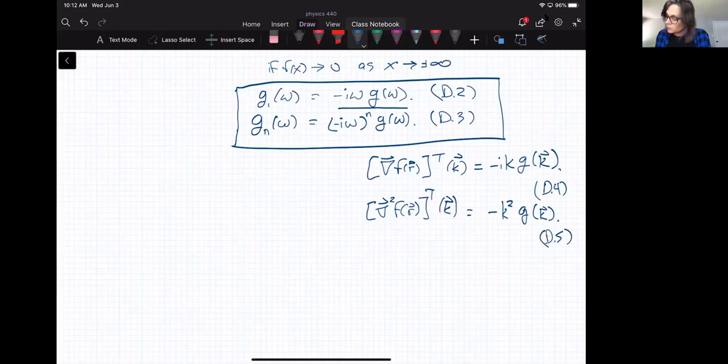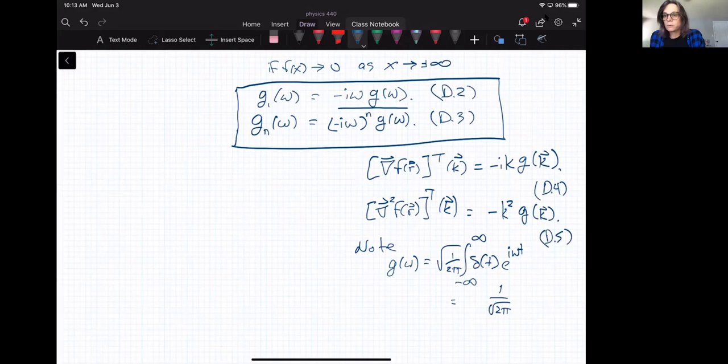And there are others. You should also note something that's often useful, say the Fourier transform of the delta function. That is 1 over root 2π times the integral from minus infinity to infinity of δ(t) e^(iωt) dt, which is equal to 1 over root 2π.